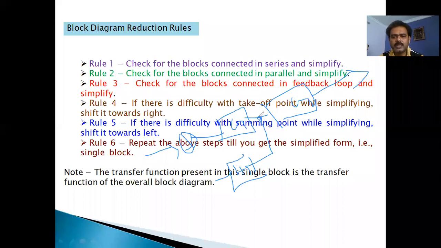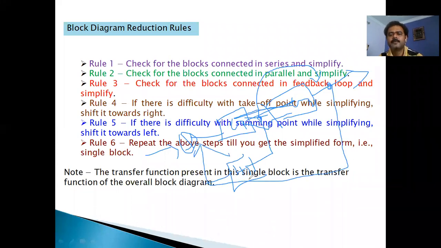If there is any problem, in that case, if we move the takeoff point after this block, we can directly cascade these two blocks, and the final thing becomes feedback for this entire block. So G1 plus G2 becomes the forward path gain, where we have moved this takeoff point after this block.